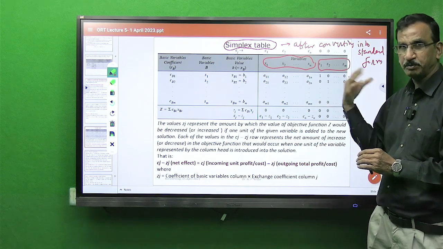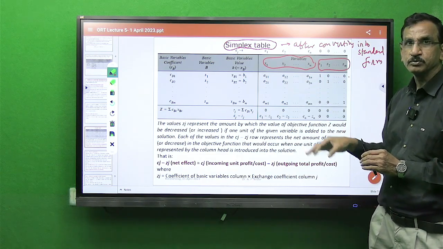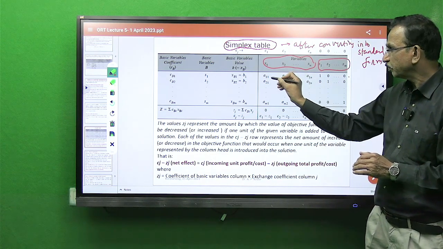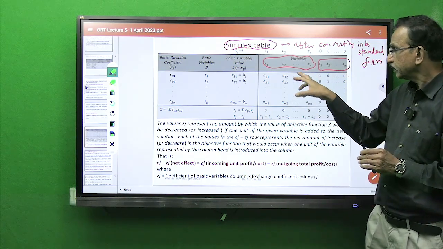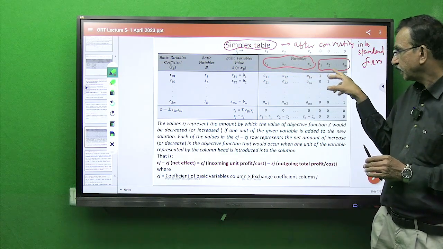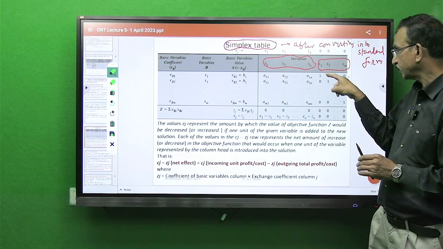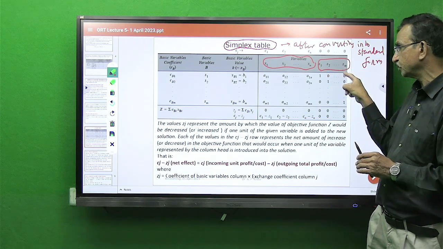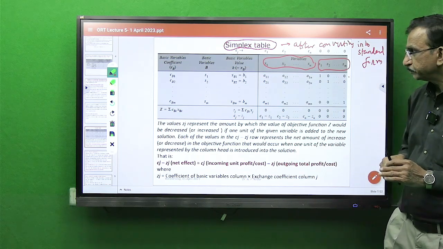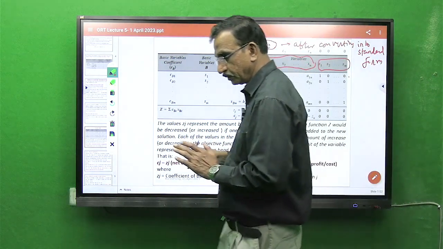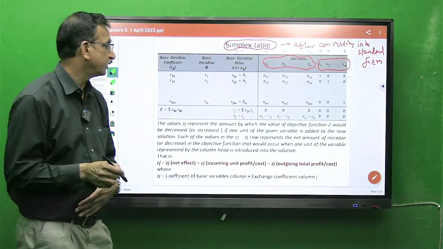We will see in the problem how to fill these values. What is the meaning of all these, that we will understand. For the time being, body part, identity part. Identity, you can see it is written 1 0 0, 0 1 0, 0 0 1 like that. That is about the right side.